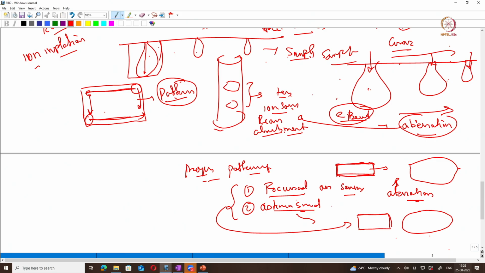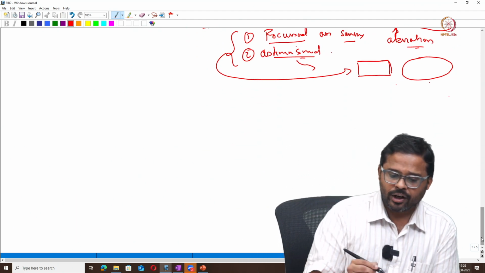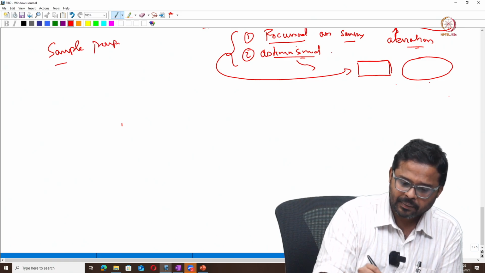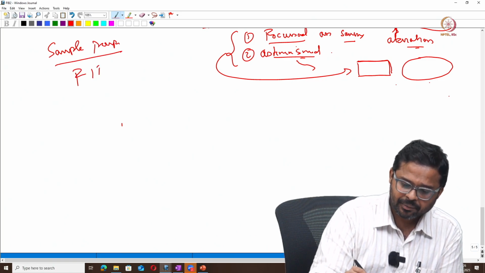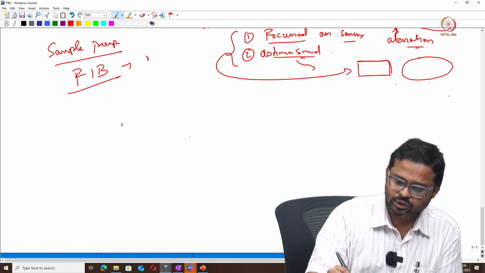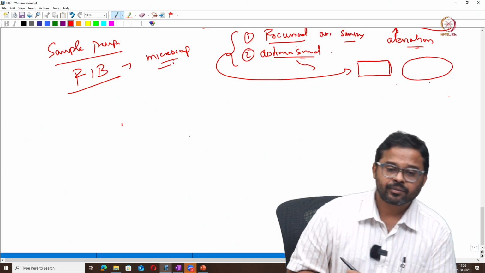Fine. So what we have described now is sample preparation by focused ion beam, correct. It can also be used as focused ion beam microscopy, FIB.